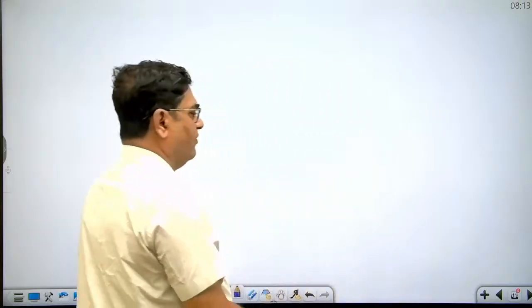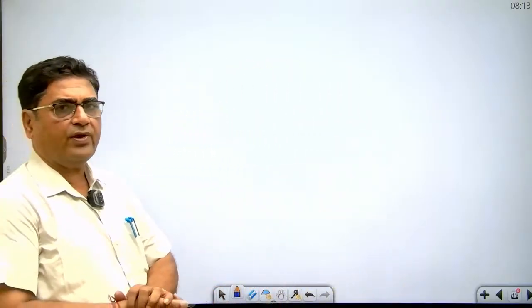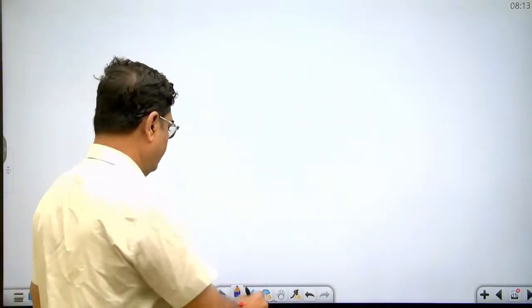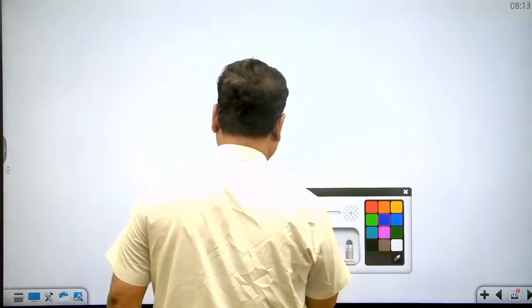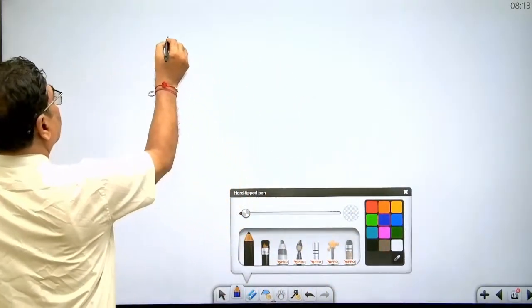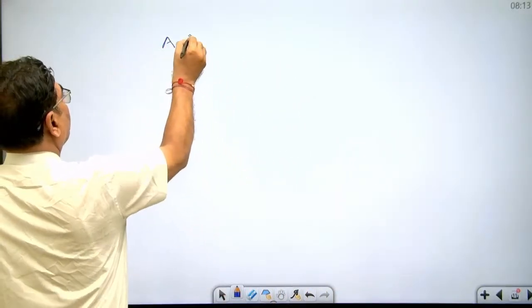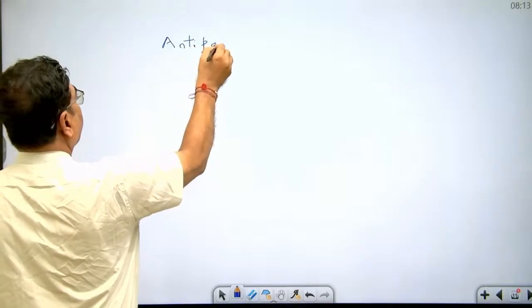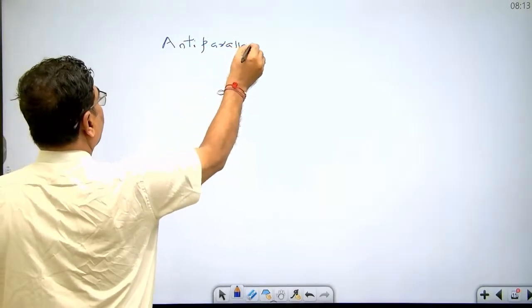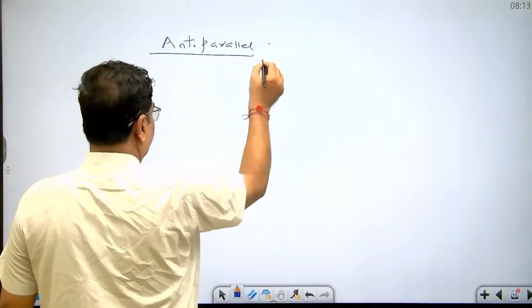Now dear student, we will be looking at anti-parallel vector. As the name indicates, anti-parallel means which is not parallel, which is opposite to parallel.